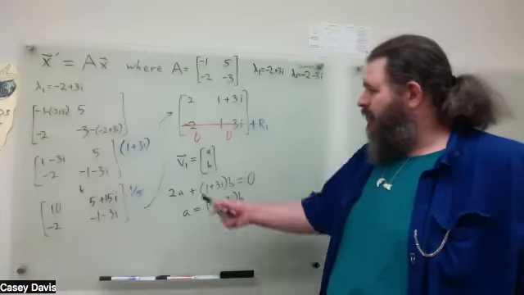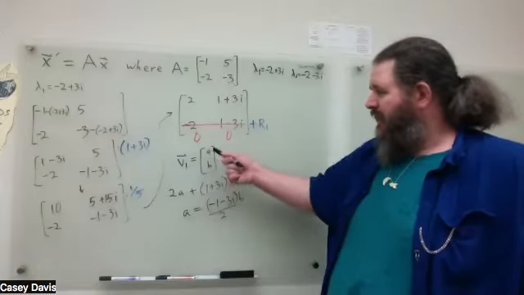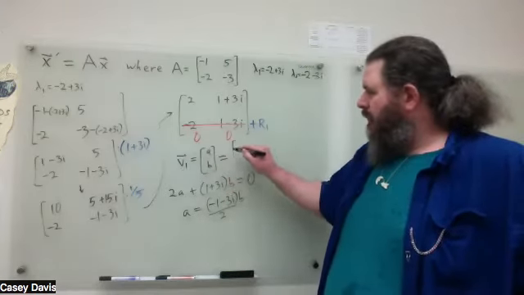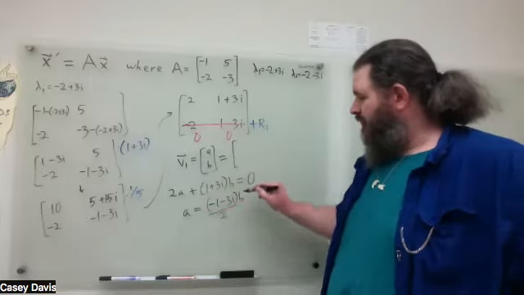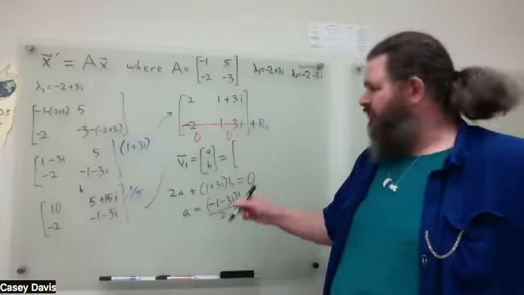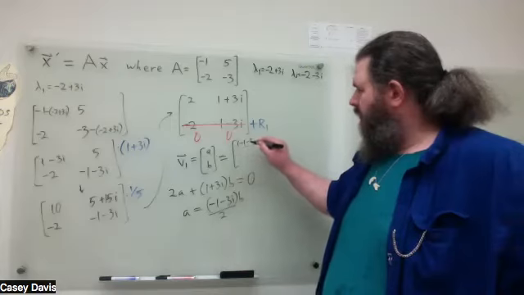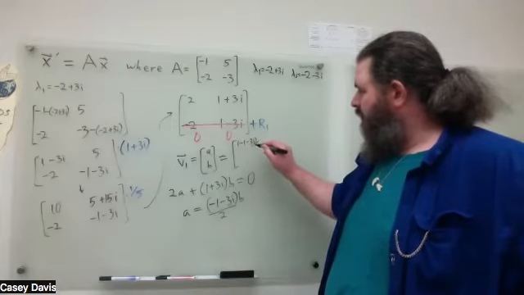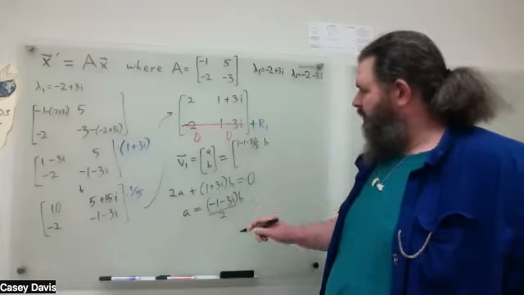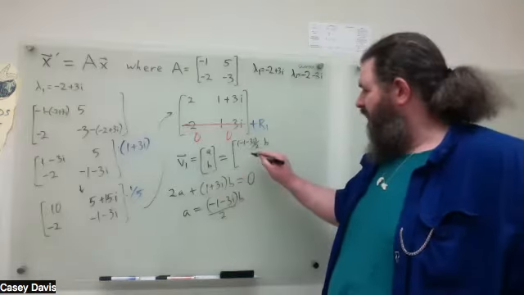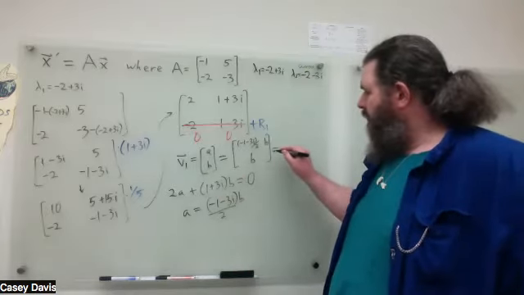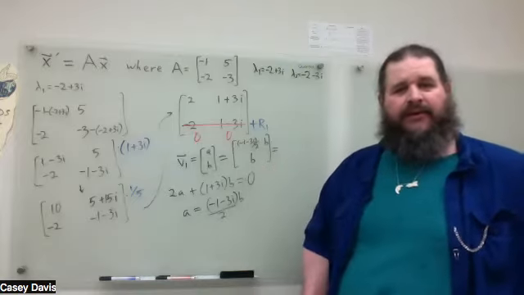We can now go back to our assumption that v1 can be written as AB. A, we can now replace with this substitution, -1 minus 3i over 2 times b. And then b, we just leave as is as a free variable. Now b shows up in every term, so what can we do with that?